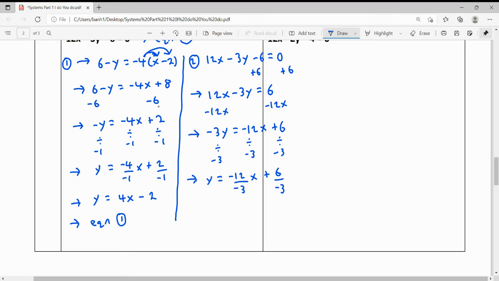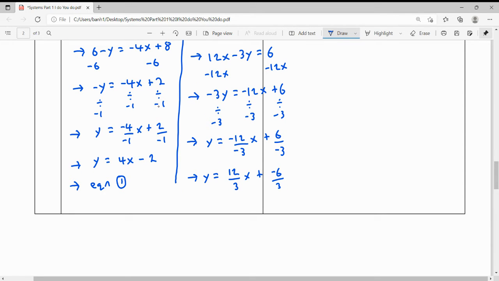I'm just going to show a little bit more steps for this one. So y equals, again, my negatives cancel out, so I should have 12 over 3x, and then I want to move the negative to the top, so I would have plus negative 6 over 3.